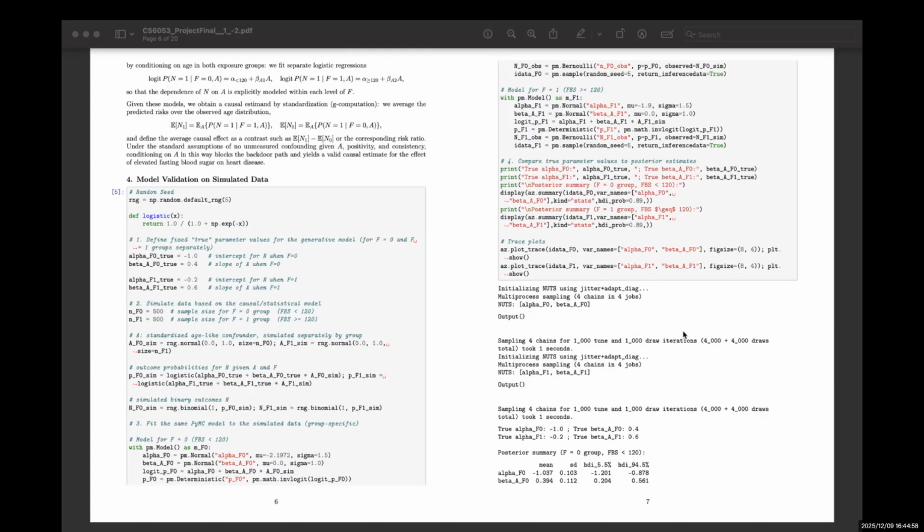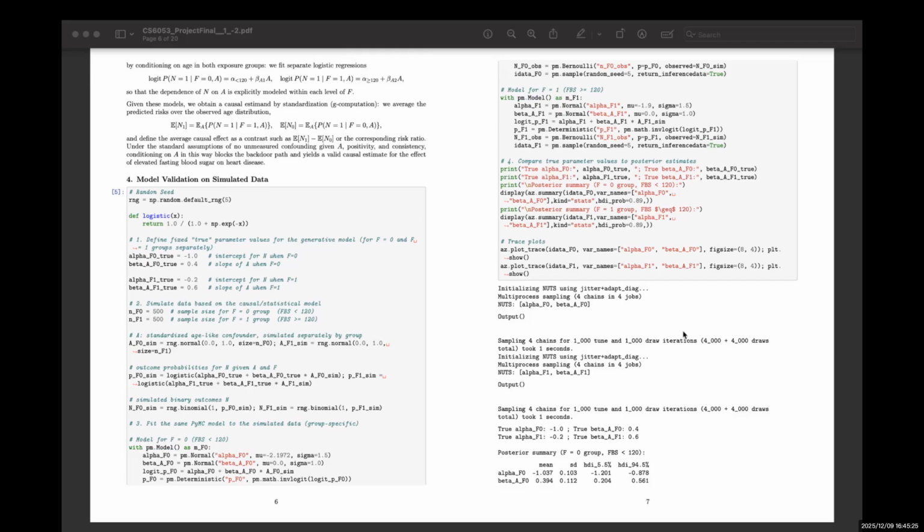The first one is the f equals 0 group, and the second one is the f equals 1 group. For each group, we fix the true parameters, the true intercept and slope in the logistic regression, generated a standardized age covariate, and then simulated the binary heart disease outcome from the corresponding Bernoulli distributions.